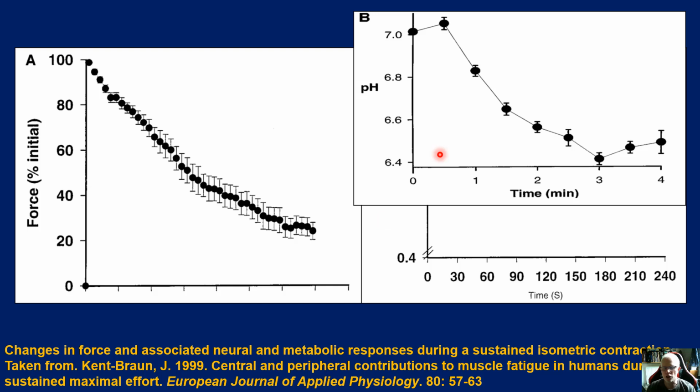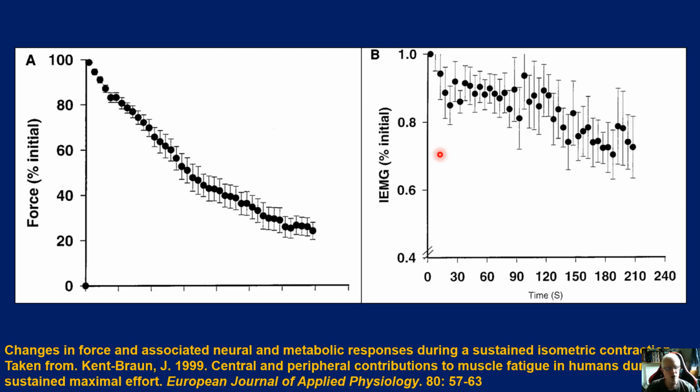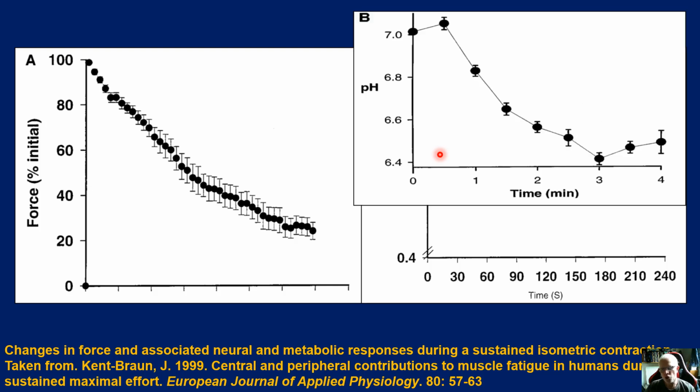If you look at the pH response and the IEMG, you can see they have similar profiles. There's also a very similar profile between the change in force output and the change in pH. So we're getting a more acidic environment. And what we know is that acidity can be caused by various things; don't just automatically go to lactate.